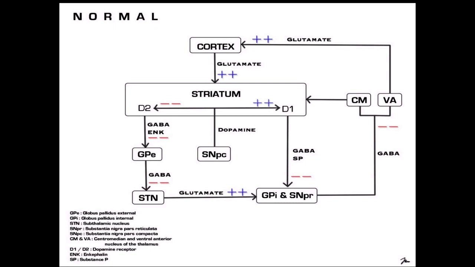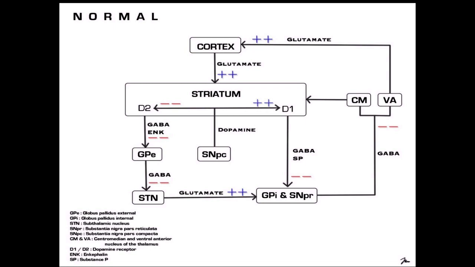And so we call this circuit here the direct pathway because it goes directly from the striatum to the output nuclei. So this stimulates D1, and then we have GABA here inhibiting the output nuclei. Dopamine on the D2 receptors in the striatum inhibits them.